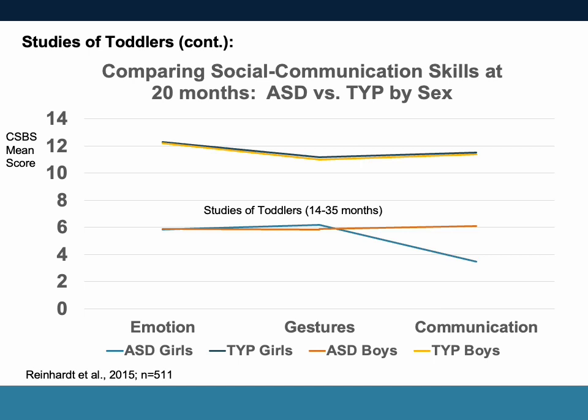But when you look at overall attempts to communicate and overall effectiveness of merging nonverbal and verbal communication, you see a relative strength in boys on the spectrum over girls. So perhaps there could be a subtle difference that begins to occur in the second year of life, which over time could cascade into longer term impacts.